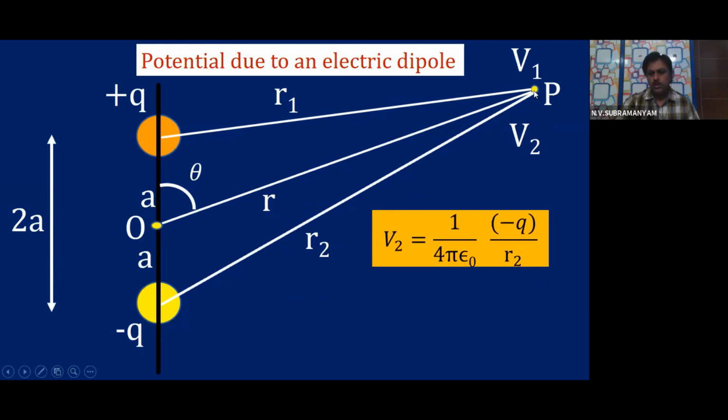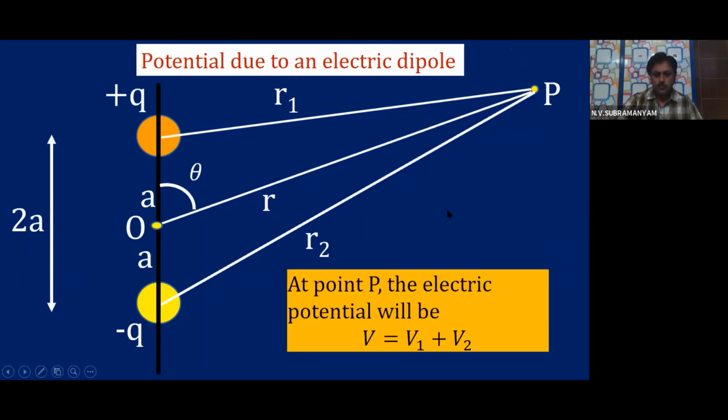Now you see in the figure, at the point P there are two potentials: one is V1, another one is V2. That means at the same point, simultaneously, two potentials are getting created, one due to plus q, one due to minus q. V1 and V2.